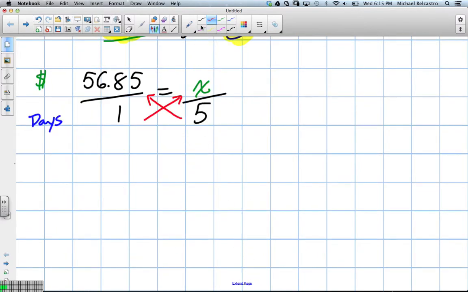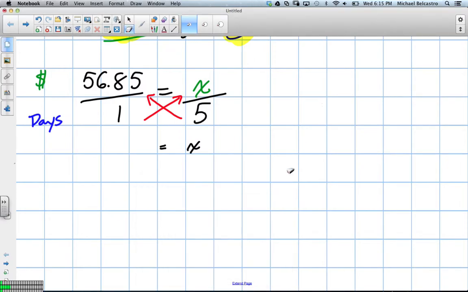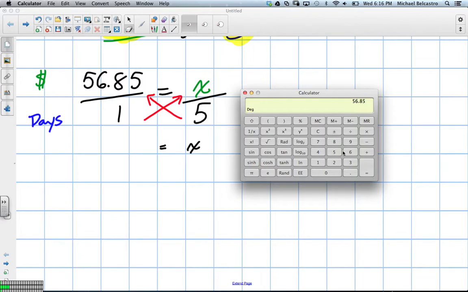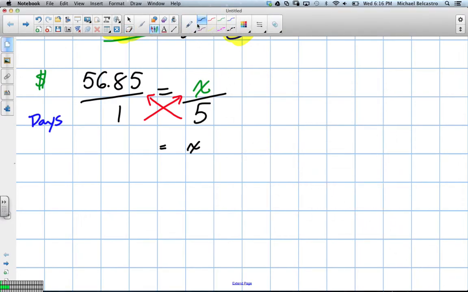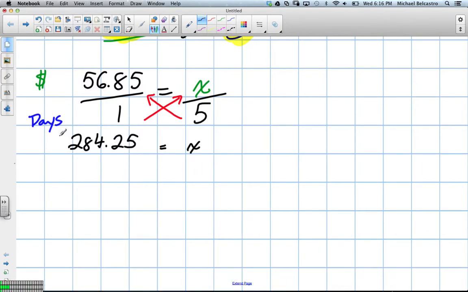So we go down. 1 times x is just going to be x. The other number we have to calculate, so let's take our calculator out. 56.85 times 5 is 284.25.